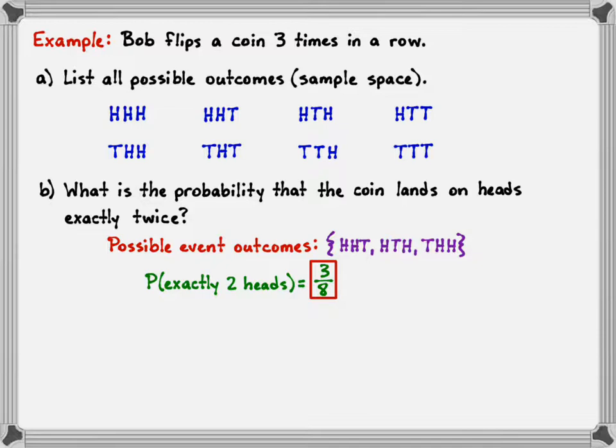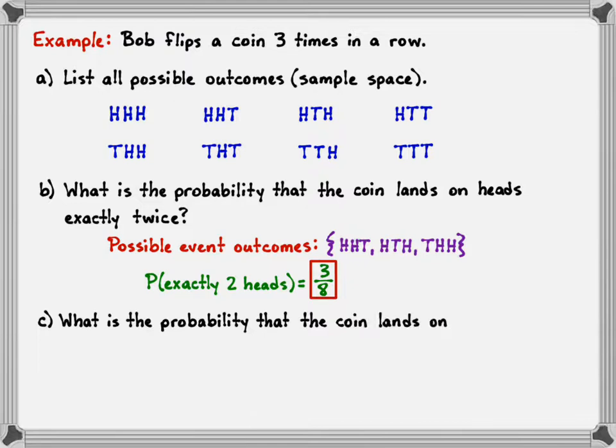For part C, it says, what is the probability that the coin lands on tails at least twice? So at least means that it can land on tails twice, or it could land on tails 3 times. So we can see that it lands on tails twice or 3 times in those 4 places that I've indicated there.